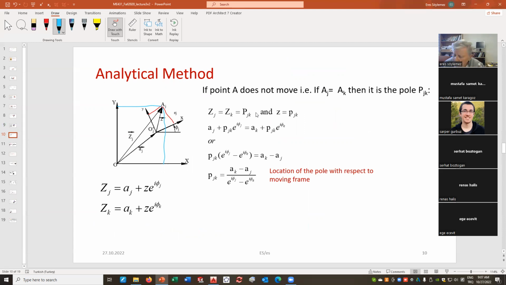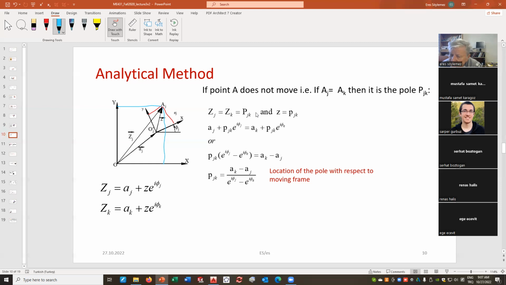I'm calling Jk, call it 1, 2, call it 2, 3, because I'm going to generalize this to more positions. Right now we are discussing 2 positions, but later it will be going up to 5. So Jk can be 1, 2, 3, 4, etc. Now, Zj will be equal to Zk only if that point is the pole.